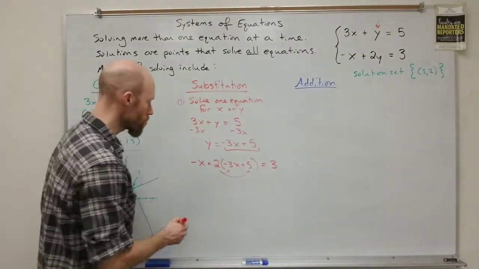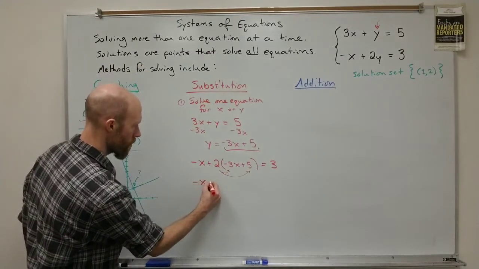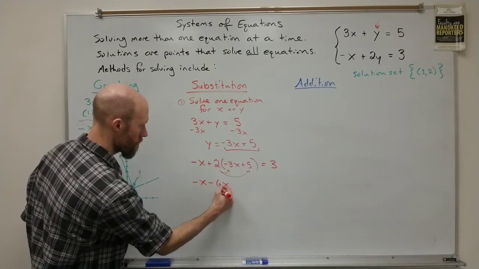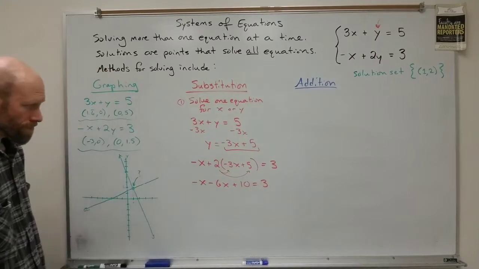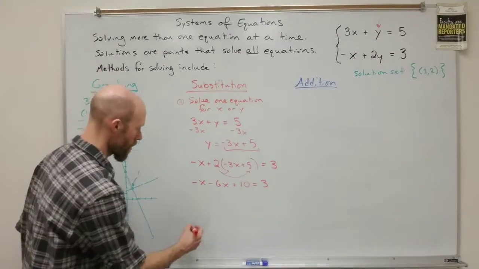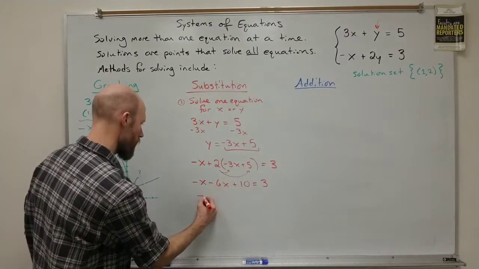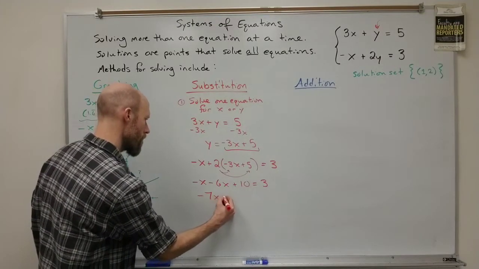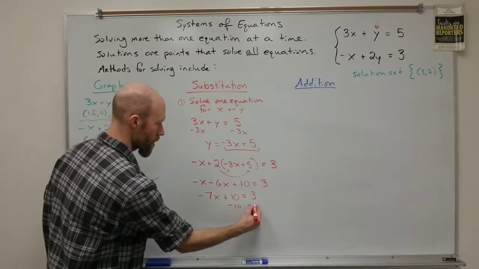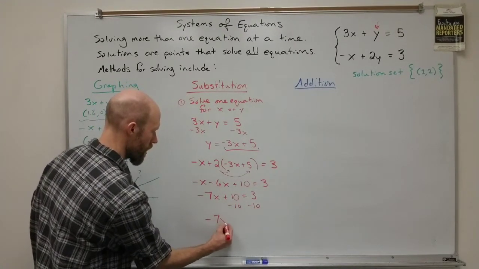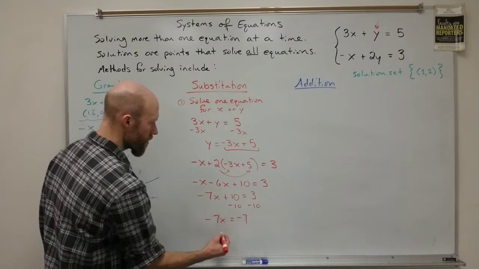Now I can distribute the 2: negative x minus 6x plus 10 equals 3. Solve for x is all we're doing here. Combine like terms, I get negative 7x plus 10 equals 3. I'm going to subtract off 10. Negative 7x is equal to negative 7.